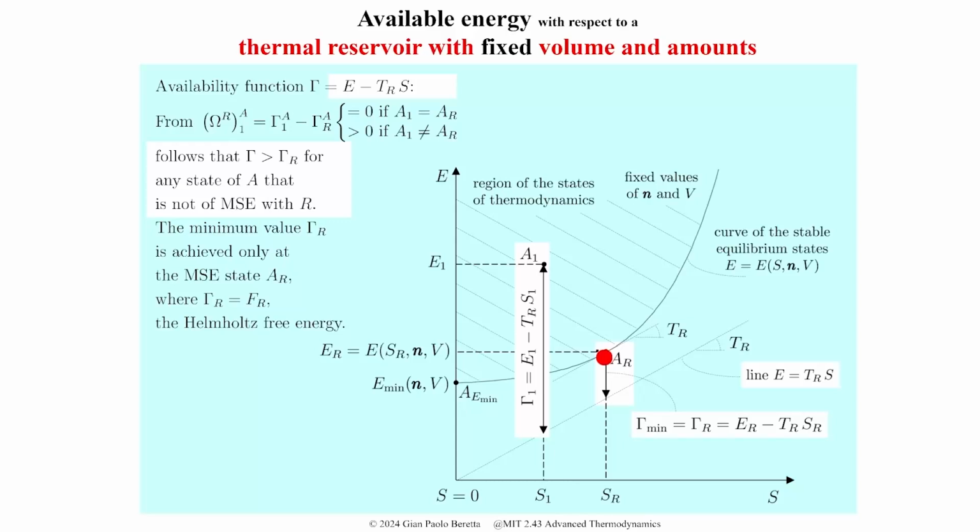So by exploiting this idea that this is a minimum, we extract information about, for example, the concavity of the fundamental relation by devising changes. So you start from this mutual equilibrium state and you move anywhere else, to one of the possible states of your system A. Wherever you move, gamma must increase.